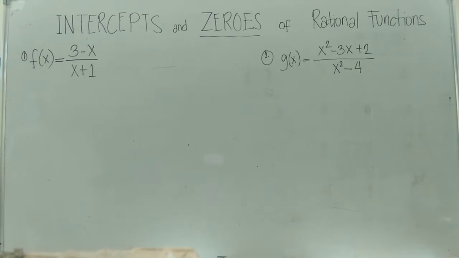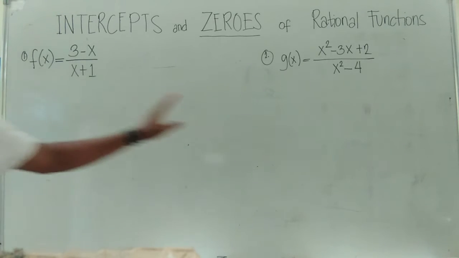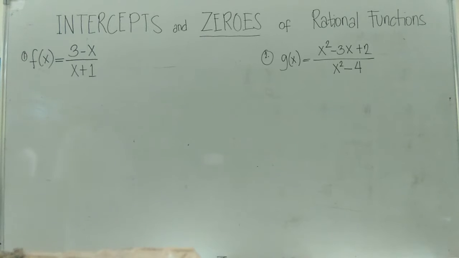Now let us proceed to computing the intercepts and zeros of rational functions. On the board we have two rational functions, f of x and g of x. Let us try to solve number 1.